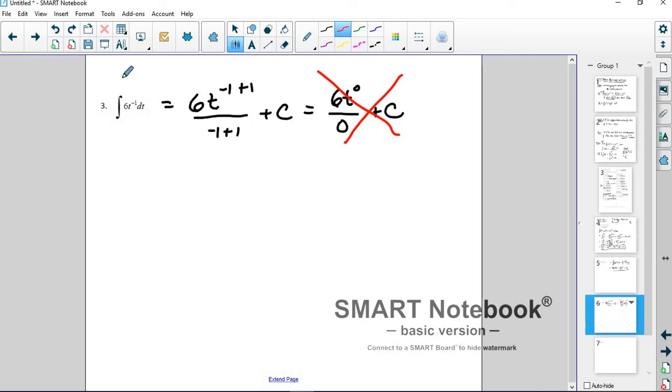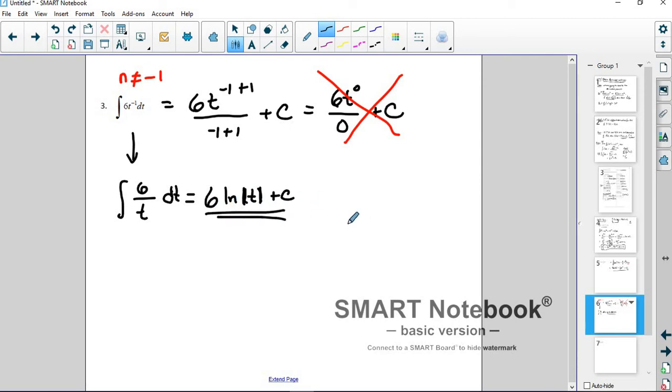Well, that's because the power rule does not work for negative 1. It's not supposed to. What's another way to write t to the negative first power? 1 over t. So I get 6 divided by t dt. What's the antiderivative rule for 1 over t? Natural log absolute value t plus c.